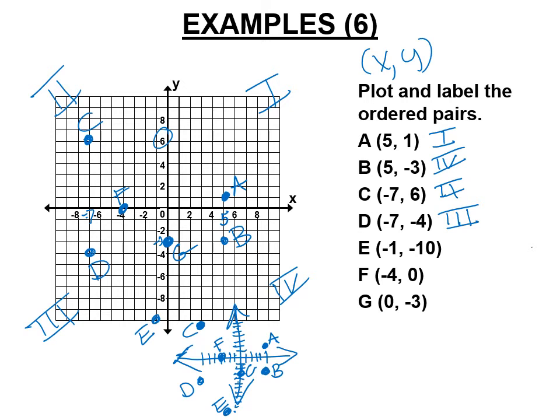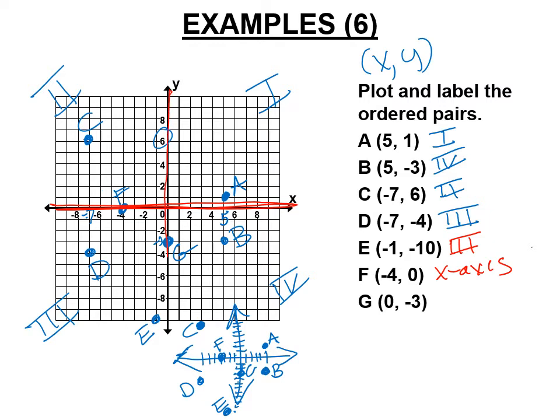Now let's look at these different points. Where is point E? E is in quadrant 3, both are negative. Where is F? F is on the x-axis. It is not in any quadrant. F is on the fence. It is not in quadrant 2 or quadrant 3. It is on the x-axis. Where is G?